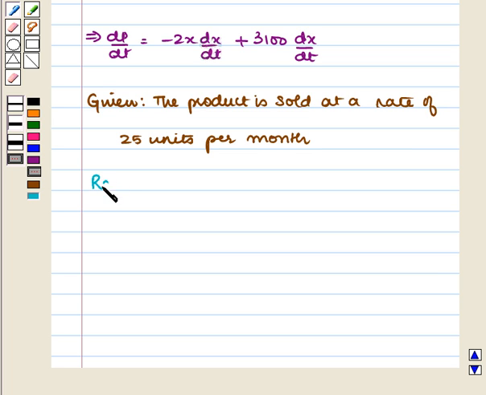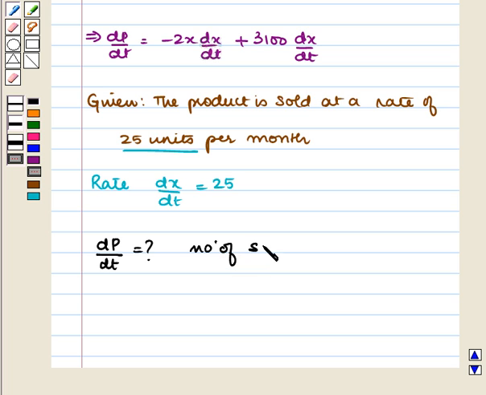That is, rate at which the product x is being sold per month is dx by dt, which is equal to 25. Also, we have to find the rate of change in profit, that is dP by dt, when number of sold units, that is x is equal to 450.